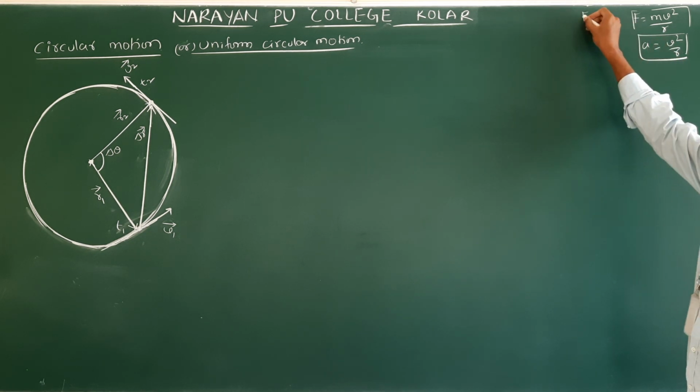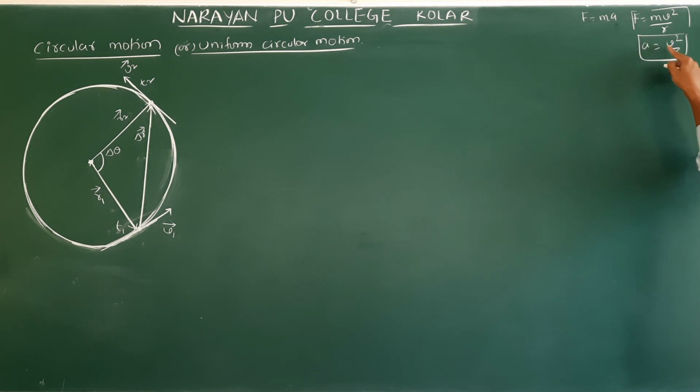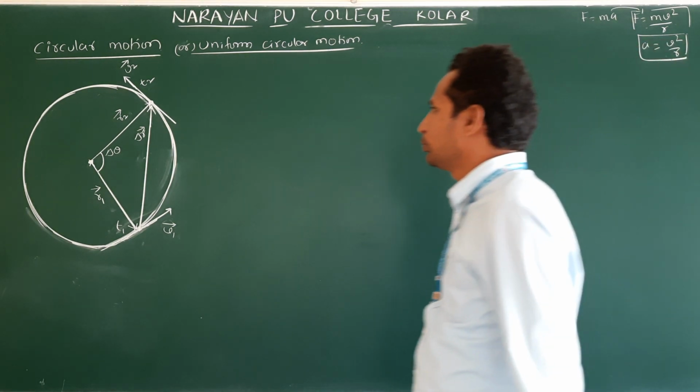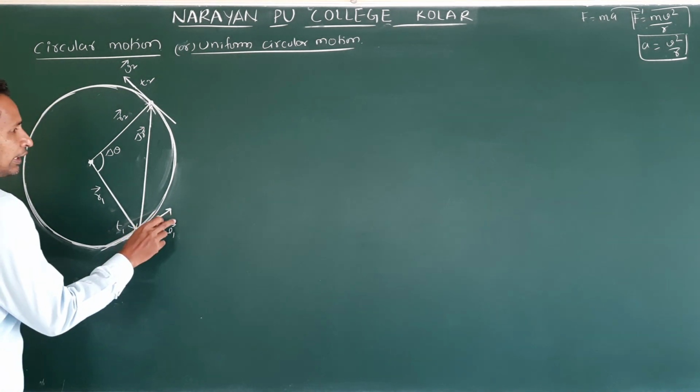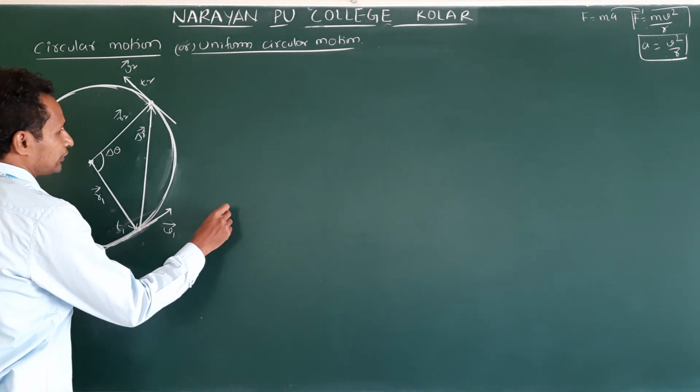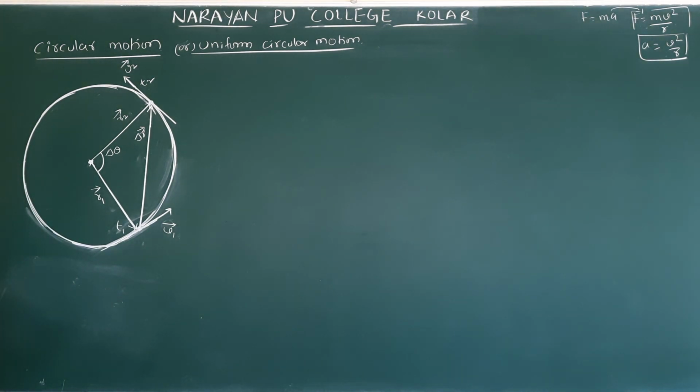Actually your teachers taught F is equal to ma, where A is the centripetal acceleration, v square by r, so they wrote F is equal to mv square by r. Now we are going to see the proof for v square by r. Already we have seen that sliding the vector does not affect its magnitude and direction.